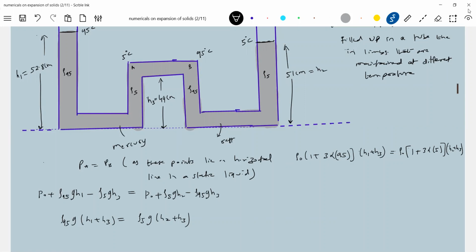Okay, substitute all the values H1, H2, H3. Then solve for alpha, you'll get the required answer. So this will be 1 plus 95 into 3, 285.